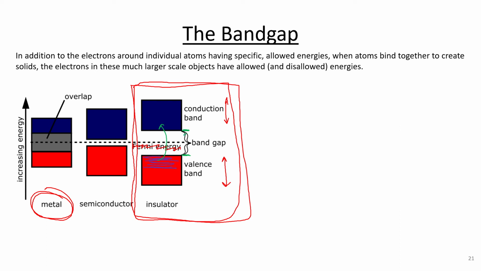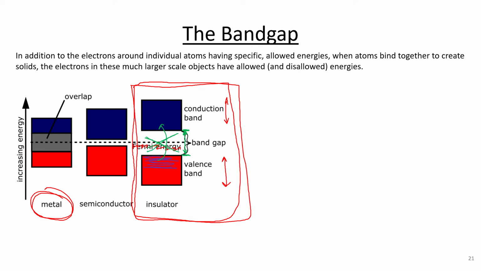The difference in those energies is called the band gap. Chemists have a different word for it, but we'll call it the band gap, and that's the usual thing. And that difference in energy, that band of energies in there, the band gap, means that none of these energies are allowed.